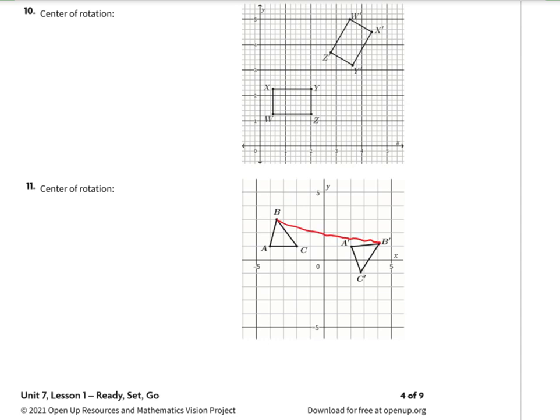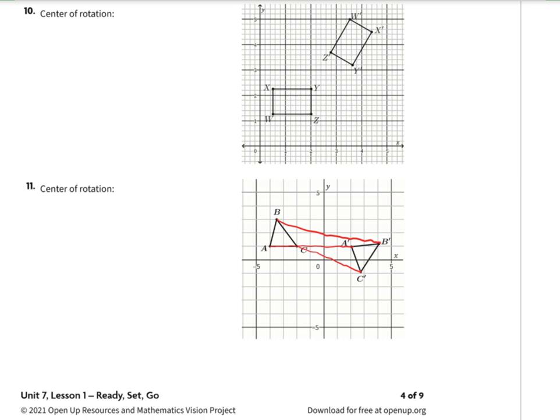But we're going to connect all of our images and after images. So we got these 3 lines here that I'm adding in. And basically this center of rotation is going to be where the 3 different perpendicular bisectors intersect. So I'm just going to sketch it in. Hopefully it's not too bad.